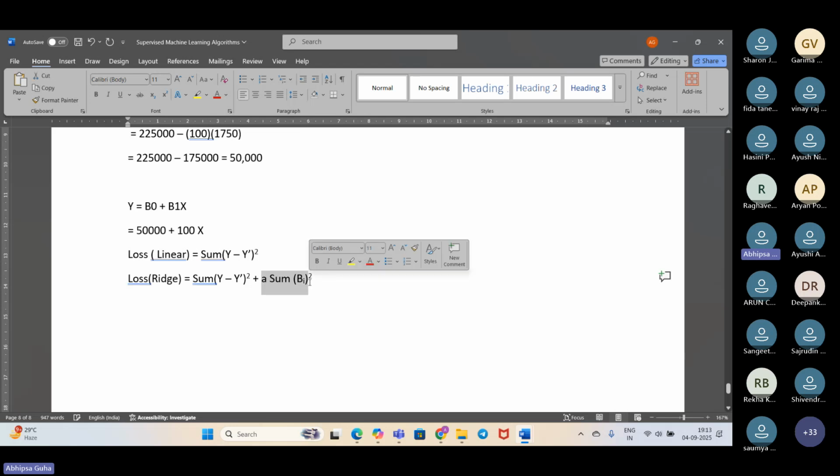This part we are adding in the case of the loss of ridge regression.